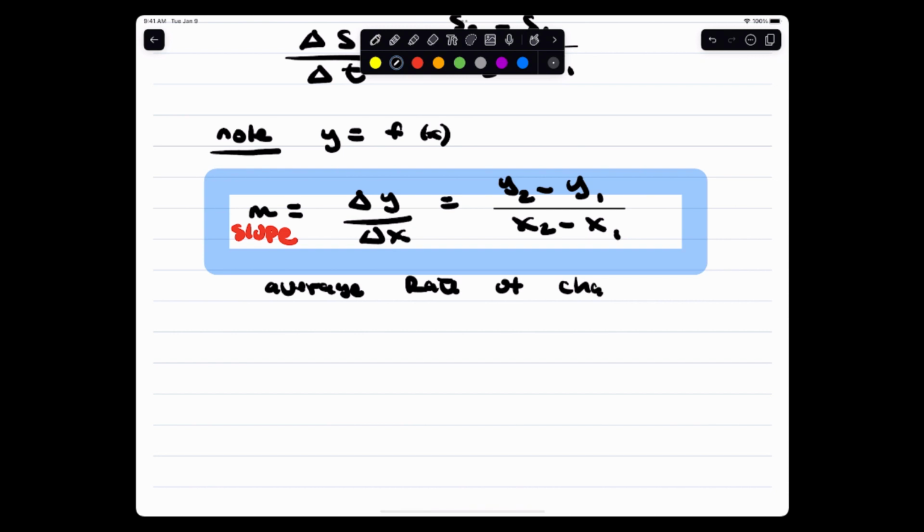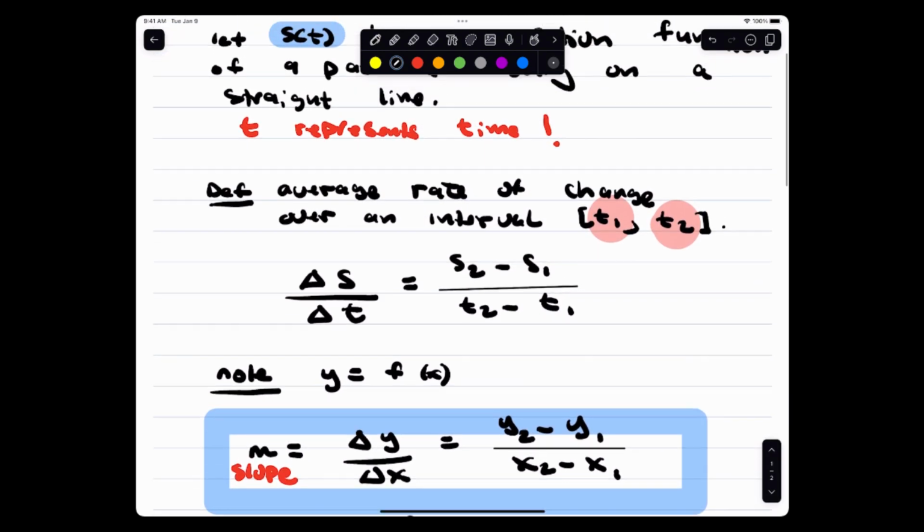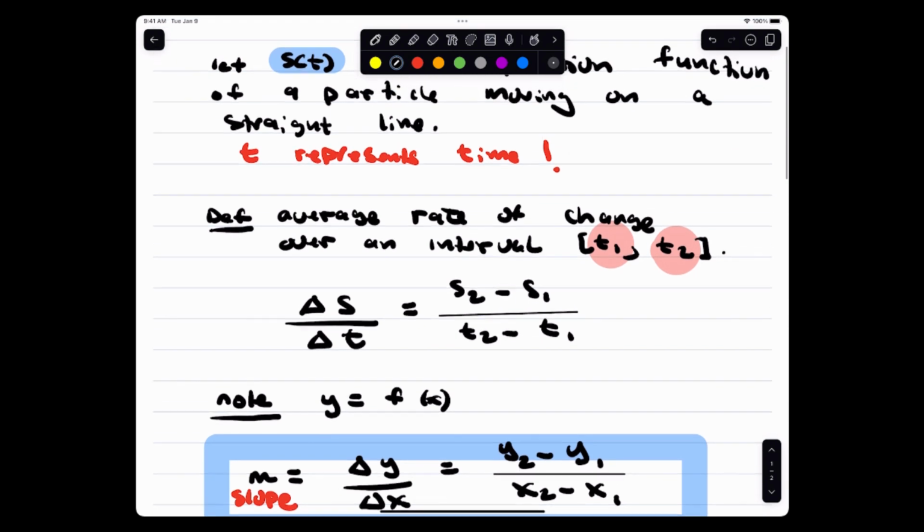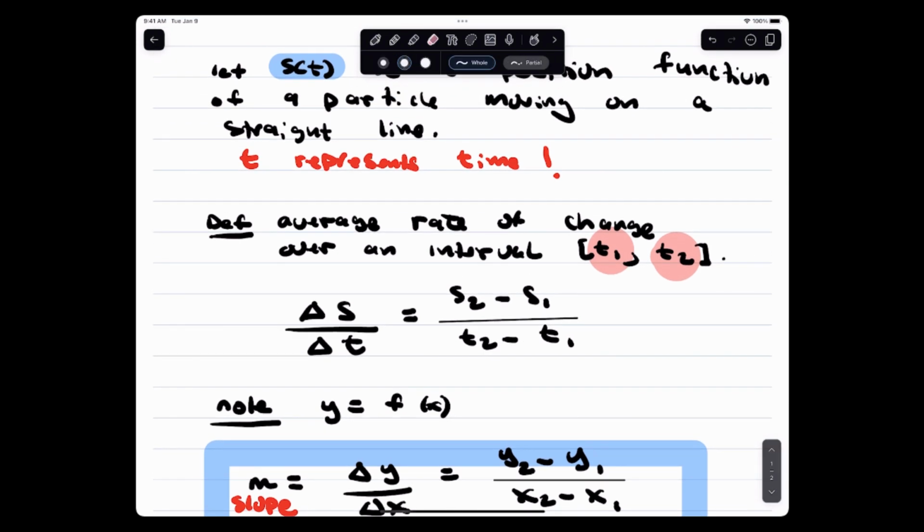However, in particular, you can have an average rate of change for a position function, and we really call it the average speed. So I've defined for you the average speed over an interval.